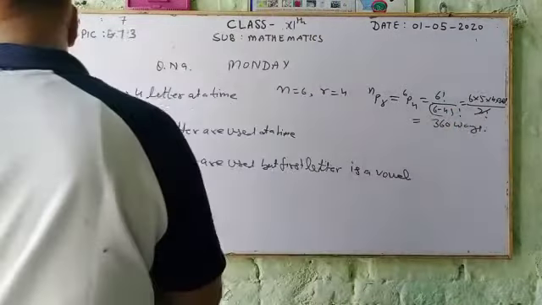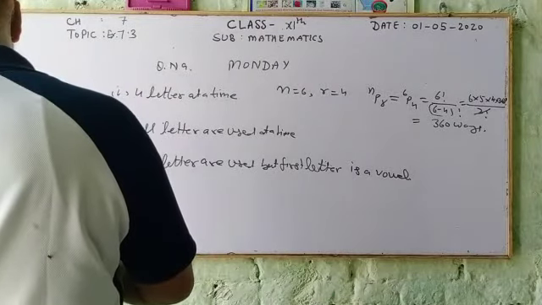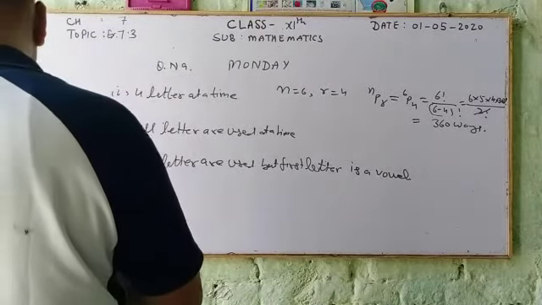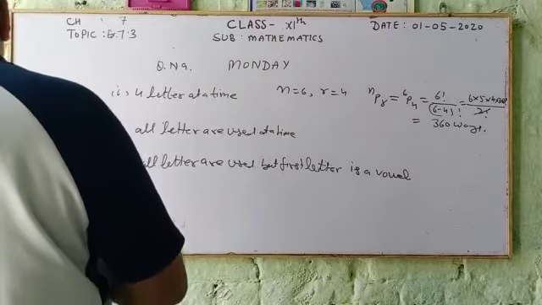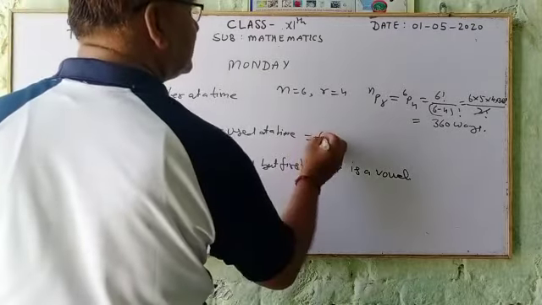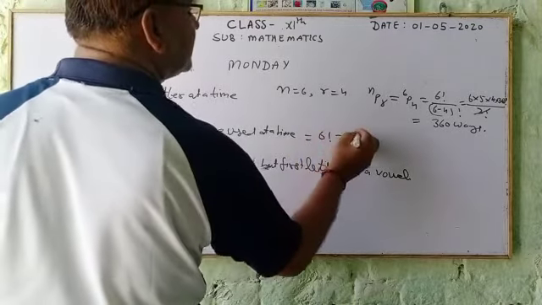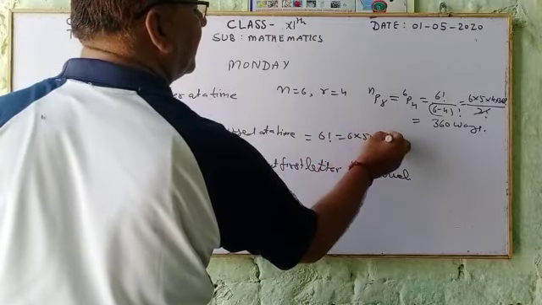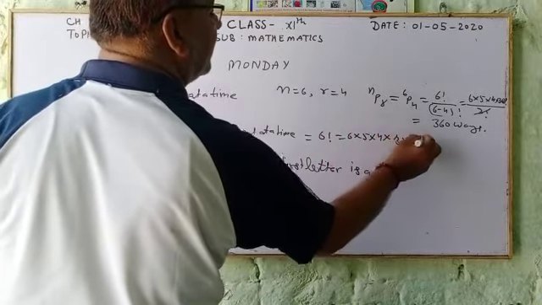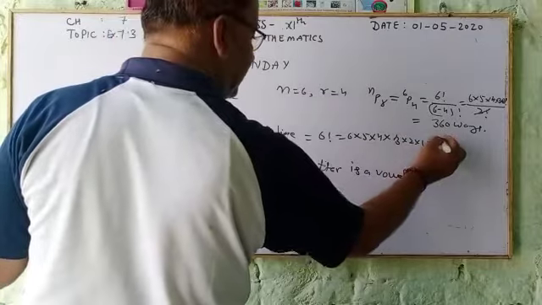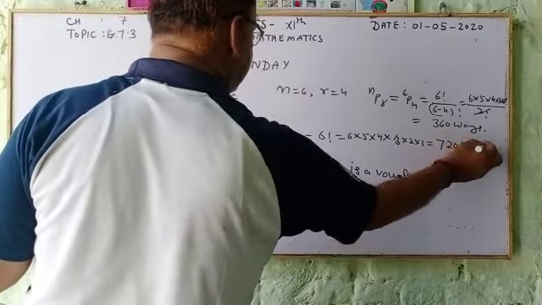We get the answer. And the second condition, all letters together, means 6 factorial. So 6 into 5 into 4 into 3 into 2 into 1, after multiplication we get 720 ways.